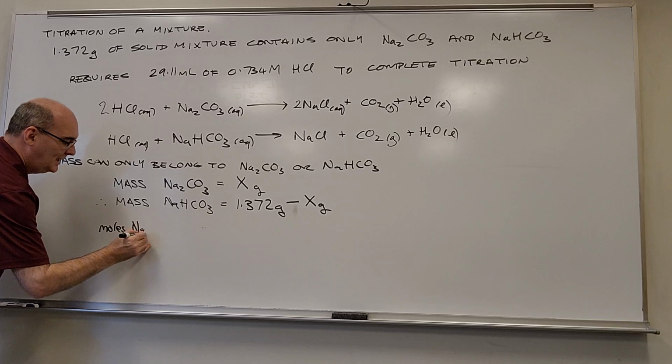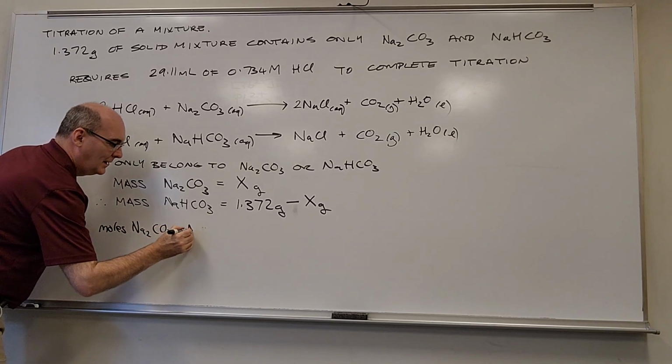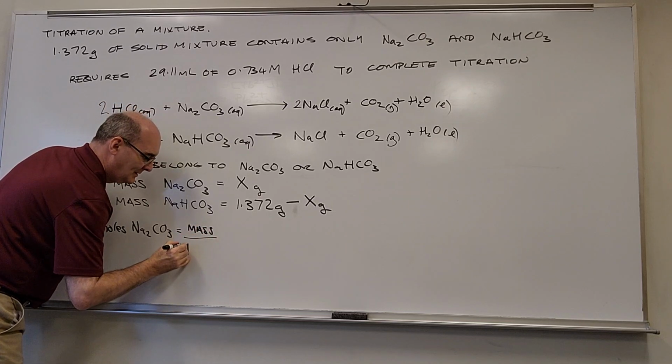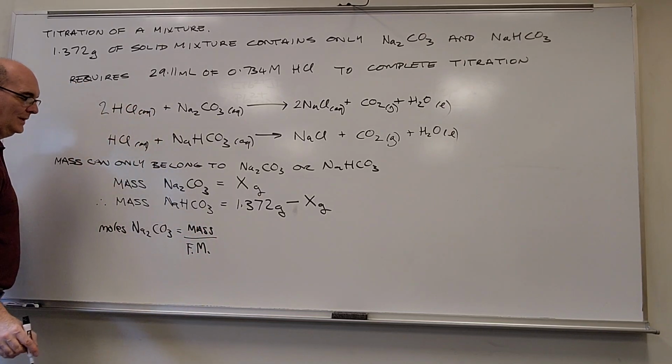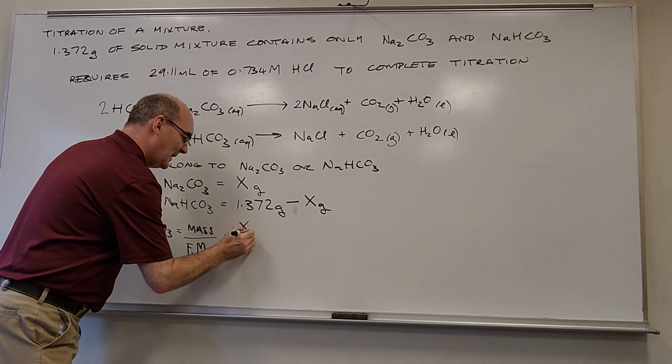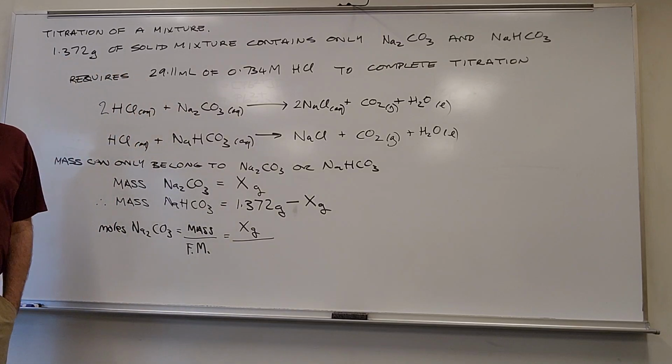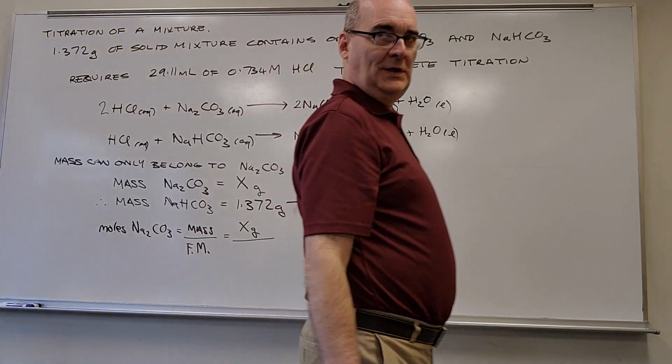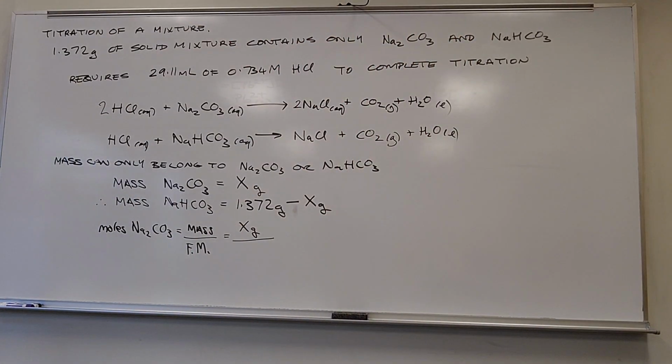The moles of Na2CO3 is the mass of Na2CO3 divided by its formula mass, which is X grams divided by... sodium's 22.99, hydrogen is 1.008, carbon is 12.01, oxygen is 15.999. That gives 84.